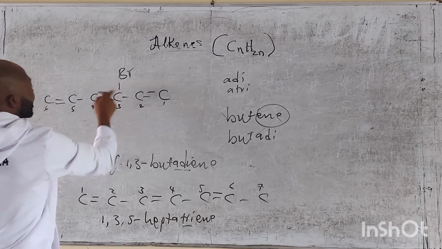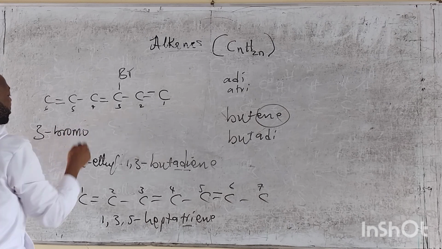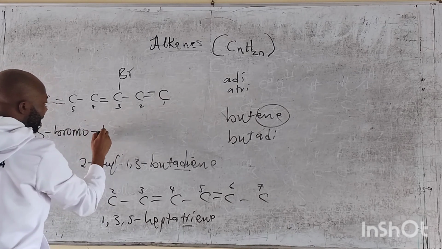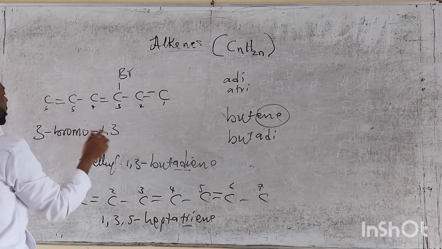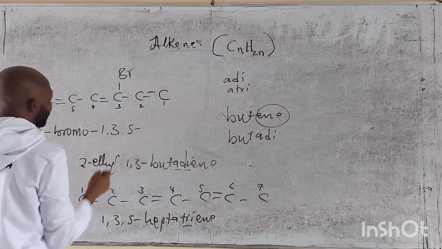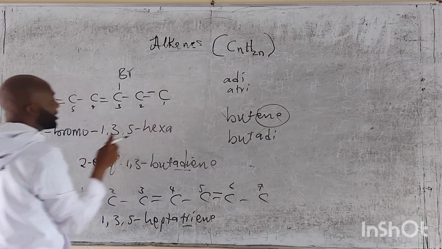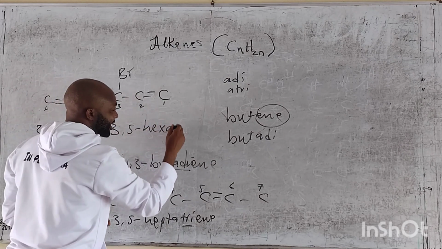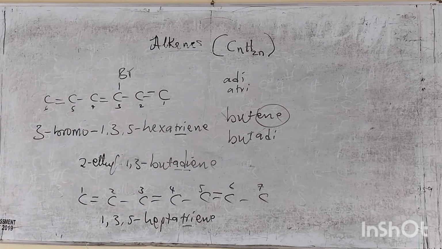Now, 3 bromo, and the double bonds at 1, 3, 5. Instead of hexane, it becomes hexa, there are 3 double bonds, triene. Are we following now? Good. So with that, we continue to move on. It becomes easier. Am I right? Yes.